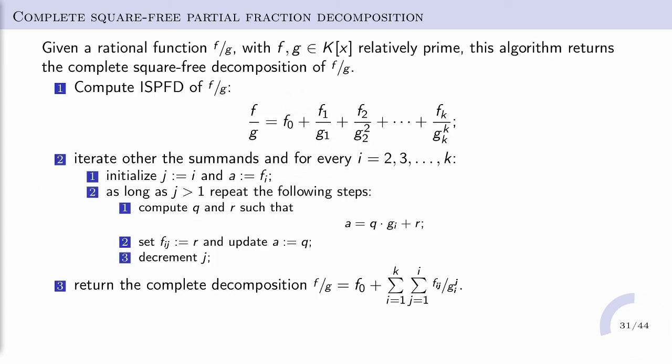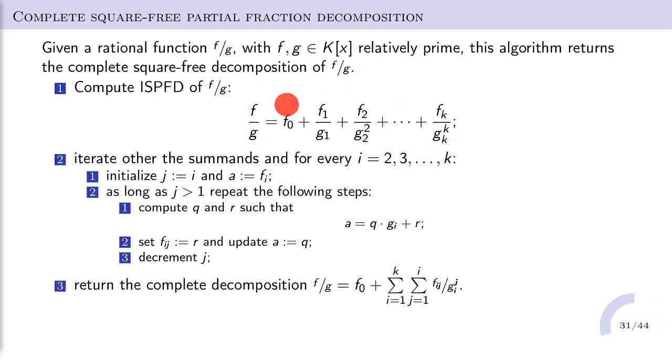So all in all, the algorithm that I just highlighted formally works like this. We are given a rational function, and we will produce the complete decomposition of this rational function. First of all, we compute the incomplete decomposition.